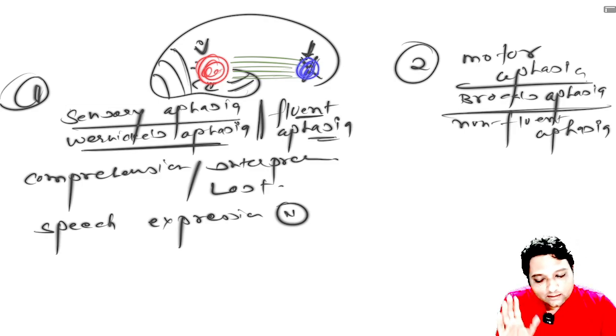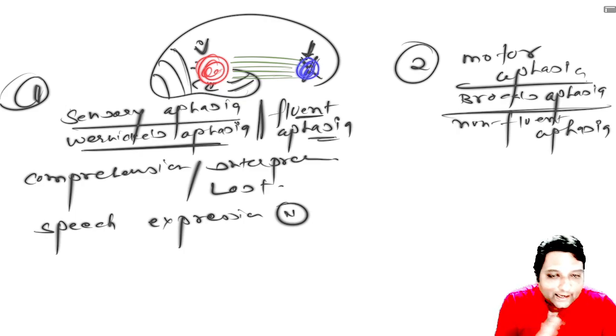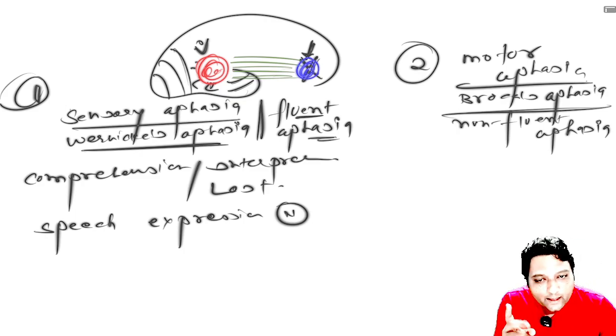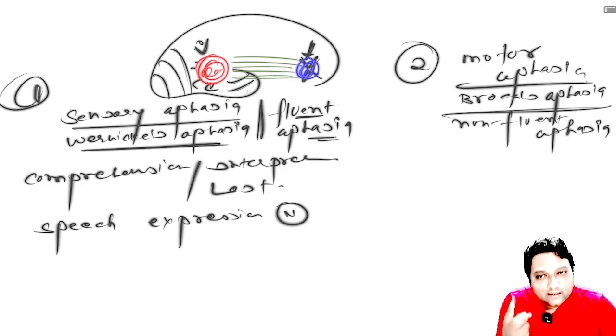Aphasia means either there is a problem in understanding speech or in expressing speech. Based on this, there are three types of aphasia: first is sensory aphasia, second is motor aphasia, and third is global aphasia. What happens in sensory aphasia? In sensory aphasia, the patient is unable to comprehend speech, written or spoken, but can express well.